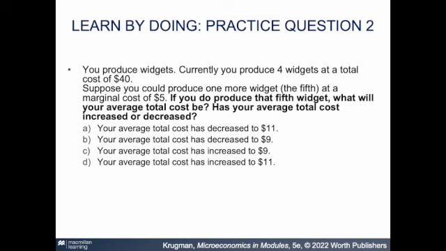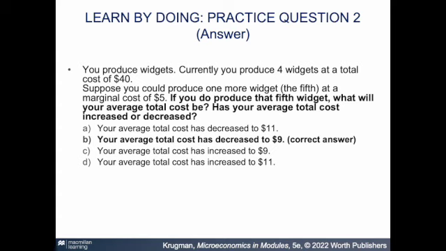A. Your average total cost has decreased to $11. B. Your average total cost has decreased to $9. C. Your average total cost has increased to $9. D. Your average total cost has increased to $11. The answer is B. Your average total cost has decreased to $9.